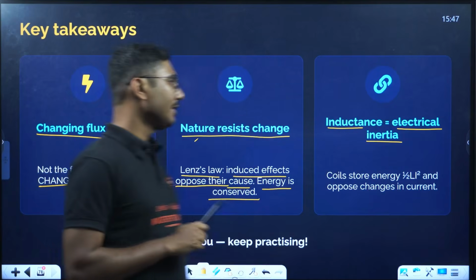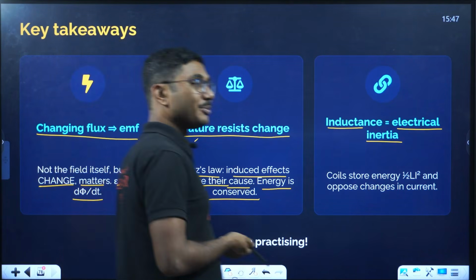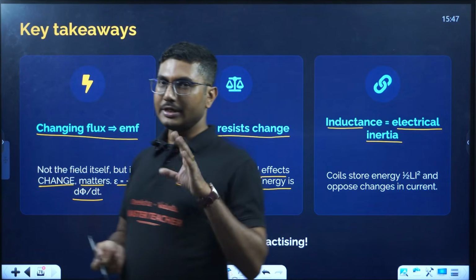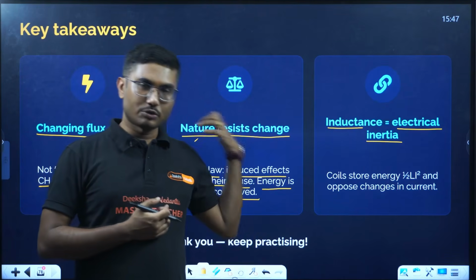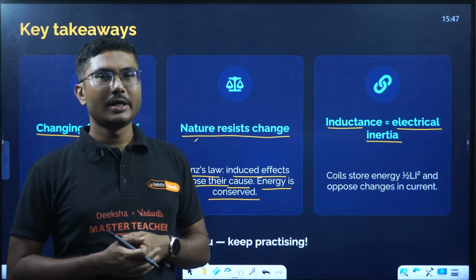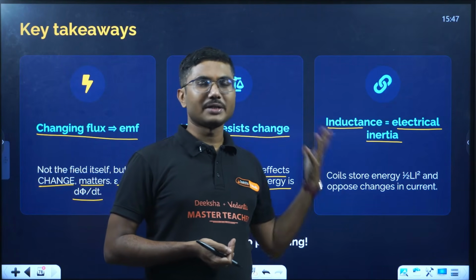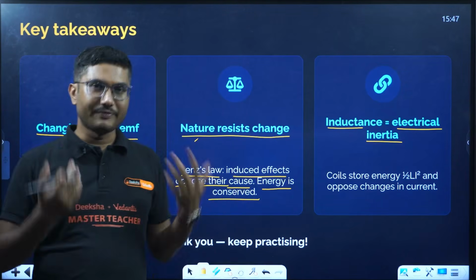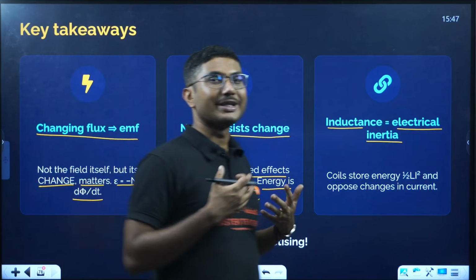Inductance is electrical inertia. We discussed it: the coil stores energy. What does electrical inertia mean? Inertia is the tendency to stop any changes. If it is mass, it is sometimes called inertial mass. Inertial mass and gravitational mass are the same, but conceptually different.